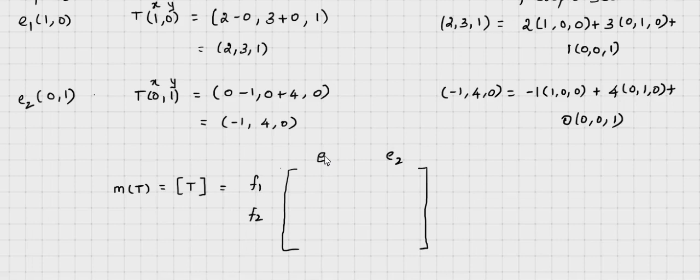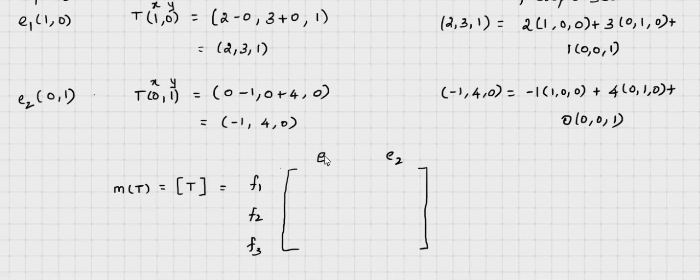For this purpose only we named them. In the previous problem it was not necessary to name them E1, E2, E3, because the basis elements themselves were very simple, like 1, x, x square. Whereas here, writing 1, 0 and 0, 1 would look very large. It is up to you to decide whether to write it or not.